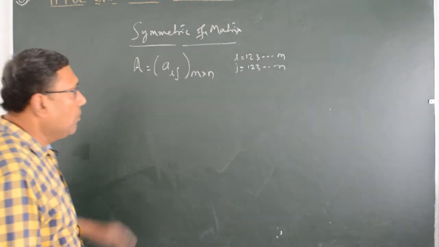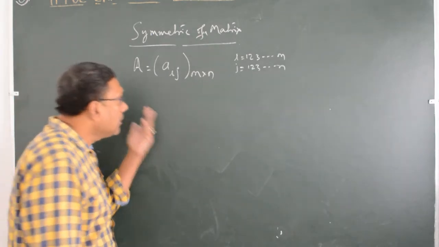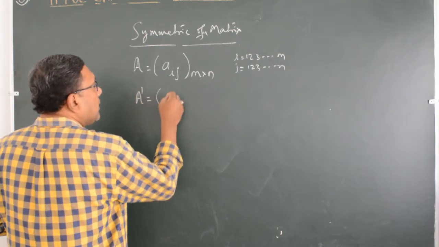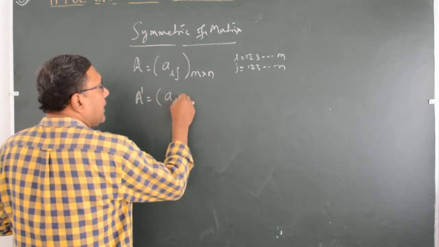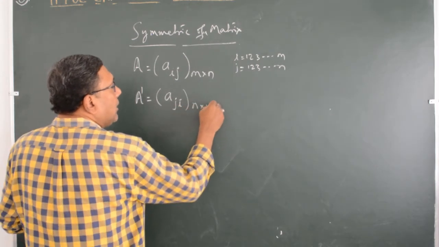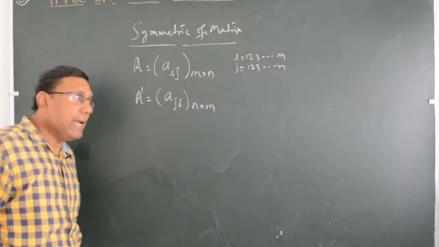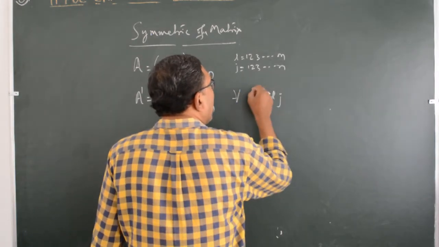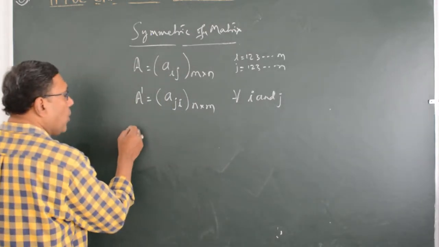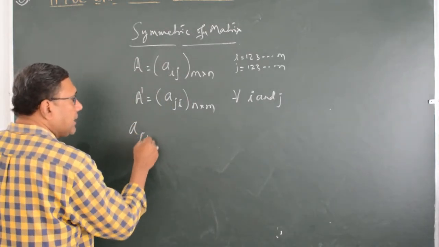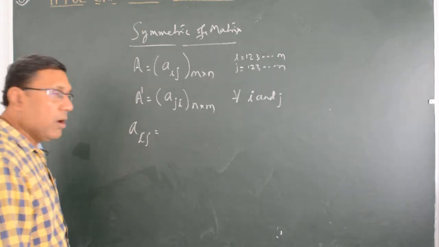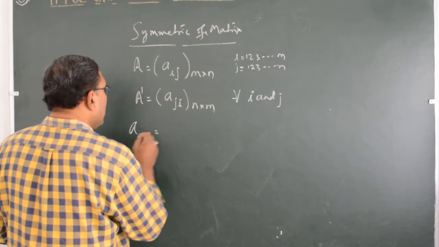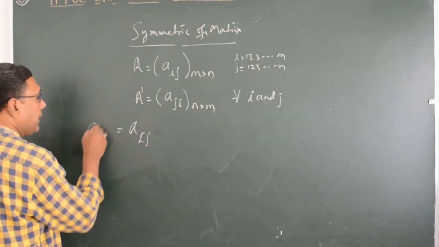Okay, what I will do is take the transpose of the matrix, which is A transpose. Then you know that automatically your order will also change and your i, j will get interchanged for all i and j values, right? That means a_ij, the original elements of matrix A, should be equal to a_ji when it is transposed.